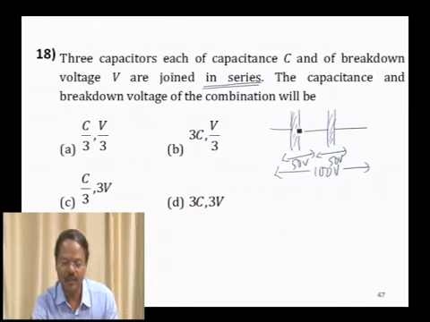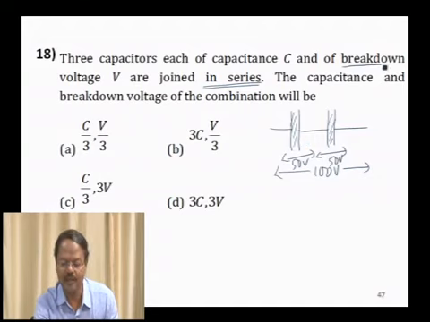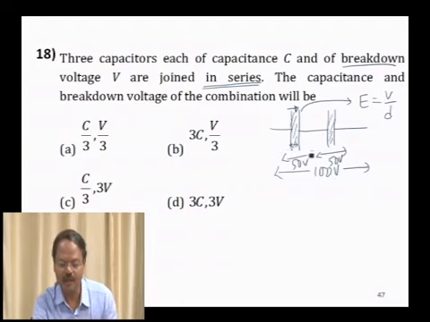So there is a safety voltage for each capacitor, that is the breakdown voltage. What is important is that the breakdown voltage depends on the electric field present in the capacitor, which is V by D, where D is the distance between the plates and V is the potential difference. D is the same whether you put in series or parallel, but when you are putting in series, this V is reducing.